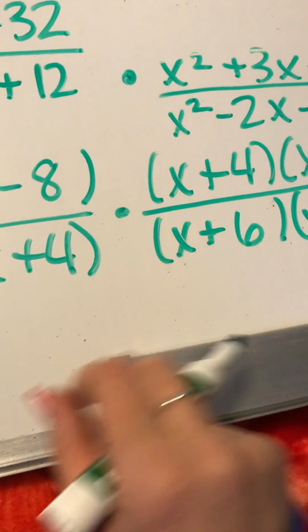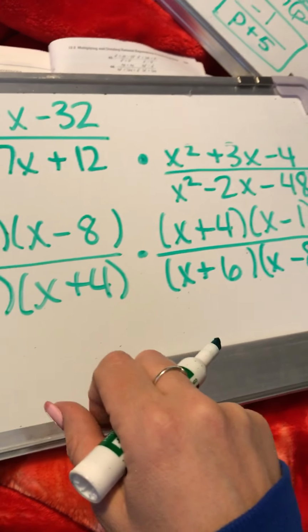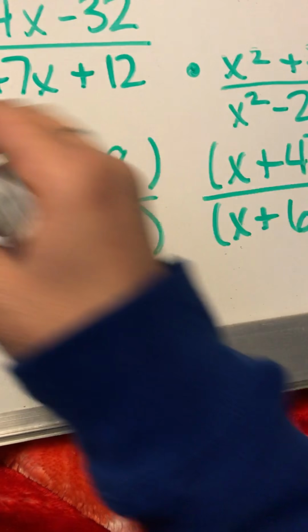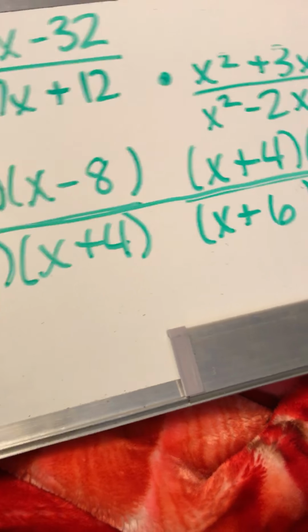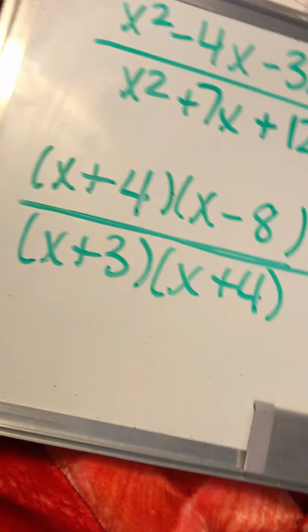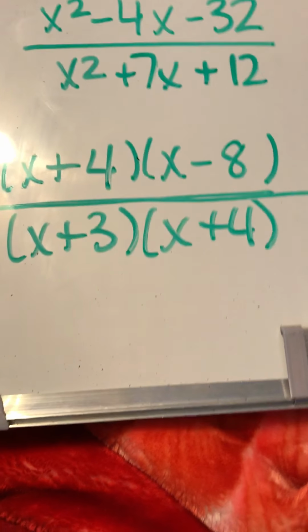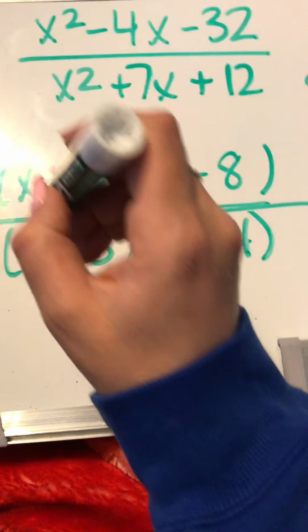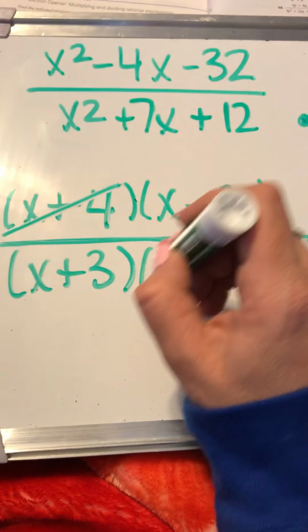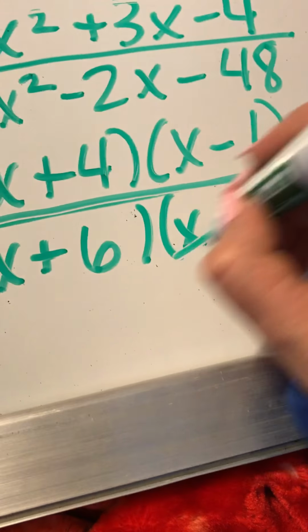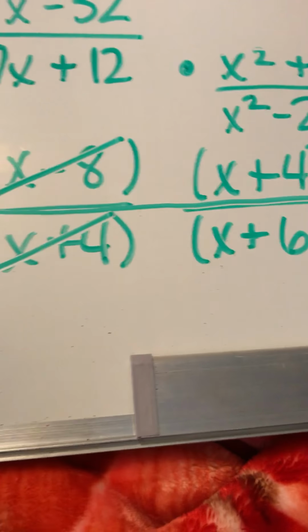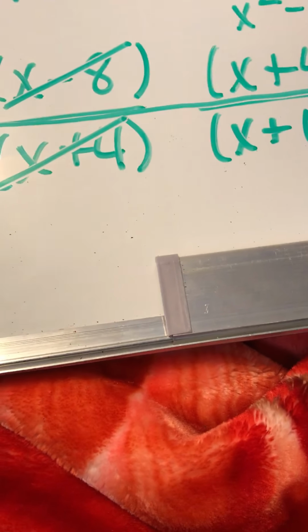Remember, when we multiply fractions, we just multiply straight across, so now they're all on the same line. Let's look for common factors in the numerator and denominator. I have an x plus 4 and an x minus 8, and that's it.